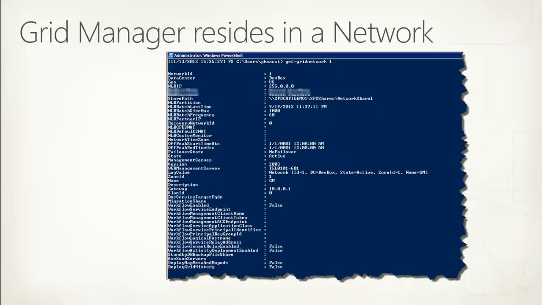So you can see some of the properties that we have here. The second property says that the data center is a dev box. And most of the properties that normally would have values in a production screenshot are basically blank here. But Grid Manager is itself a component in SharePoint Online, it's just self-aware, and it builds itself.